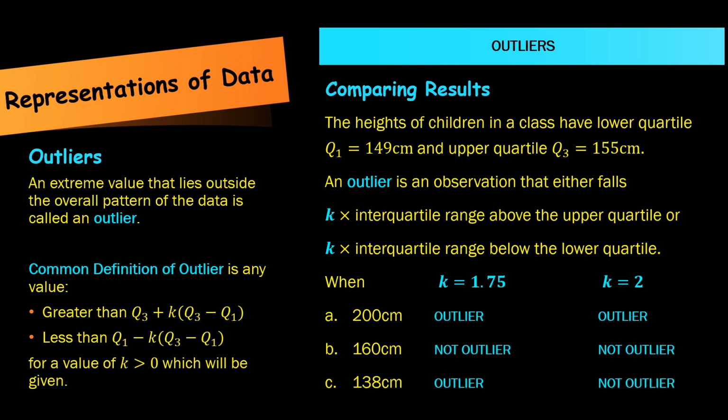However, 138 centimeters is an outlier when k is equal to 1.75, but is not an outlier when k is equal to 2. So something may change if the value of k changes.